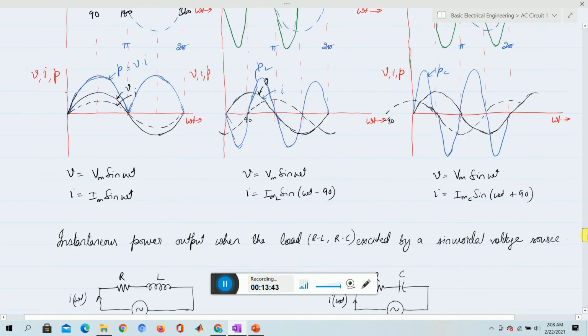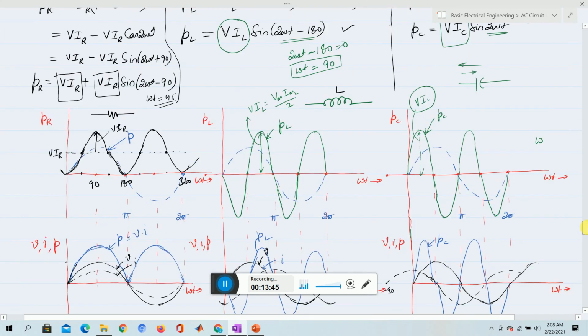For the R phase, we developed in the previous video that 1 minus cos 2 omega t can be represented as a wave with twice the frequency. You just need to change the scale from 0 to some value, and then you can have a sine wave over here with a 90-degree phase lag.